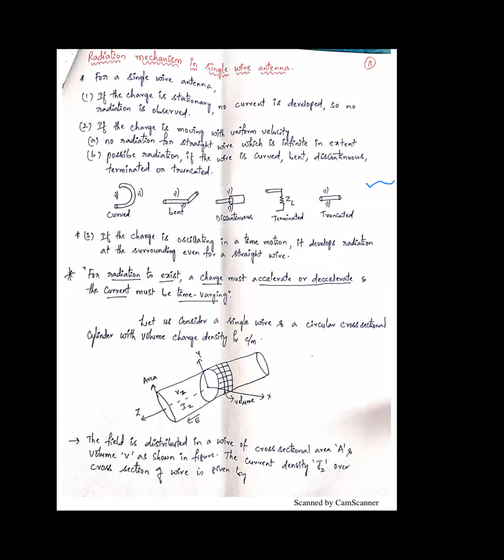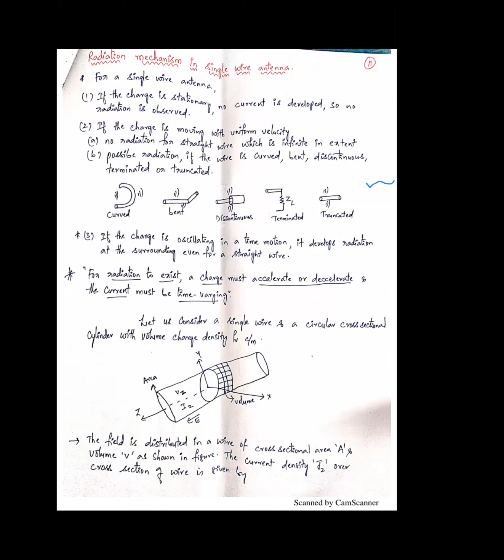The region which is nearer to antenna surroundings is called as near field region, and the region which is farther away from antenna surroundings is called as far field region.